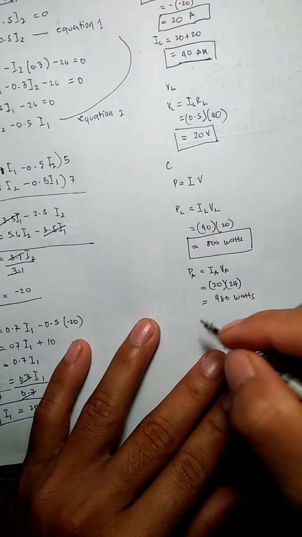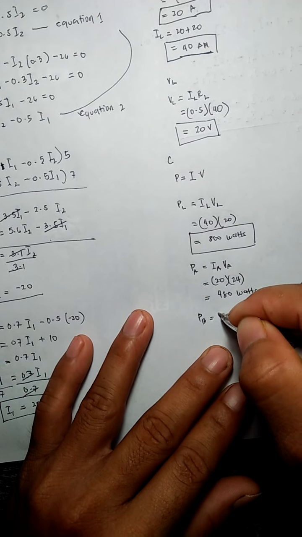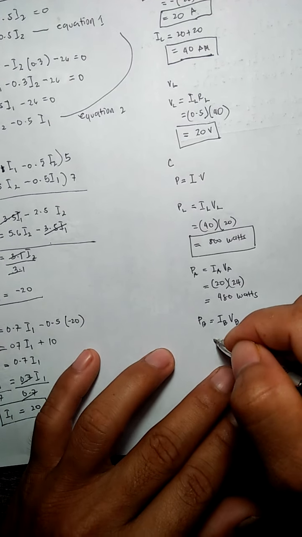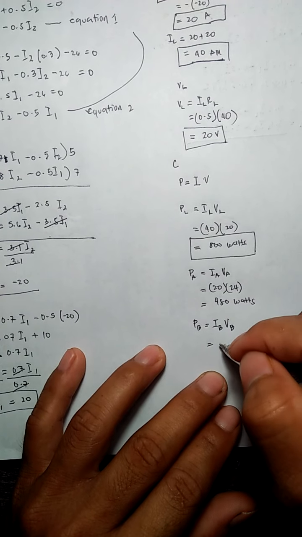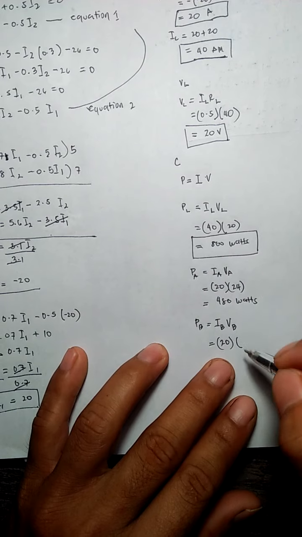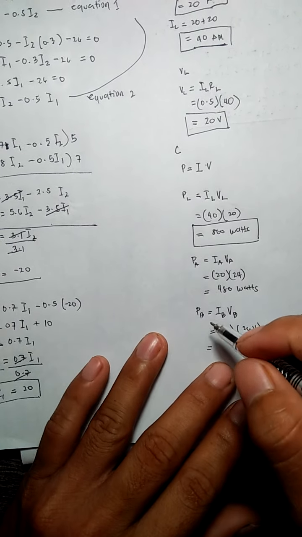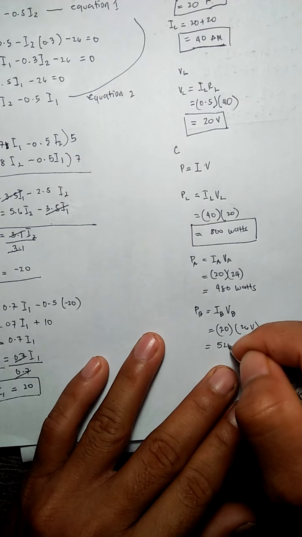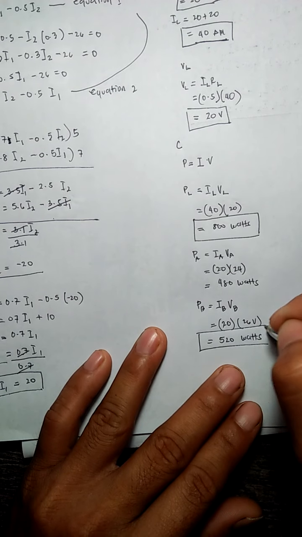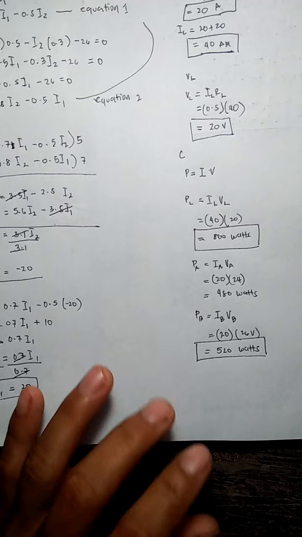Then PB, the last one: IB is 20 amperes, VB is given 26 volts, so it will become 520 watts. So that's all for number 3.